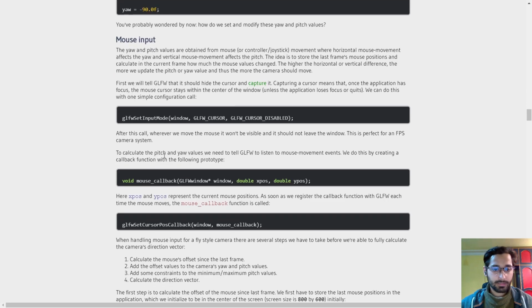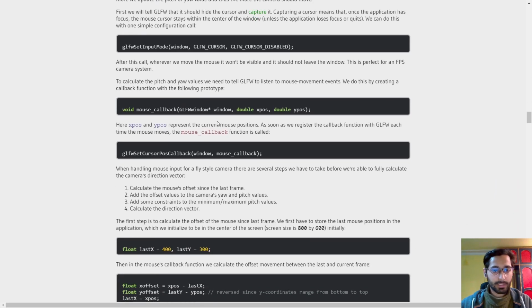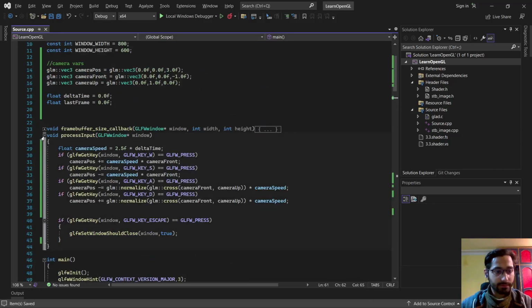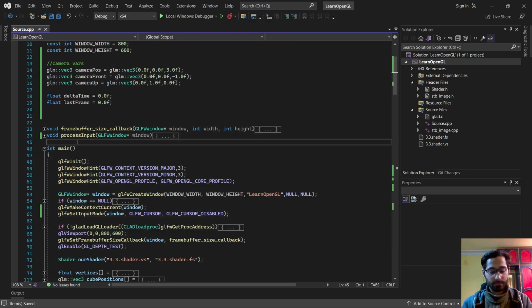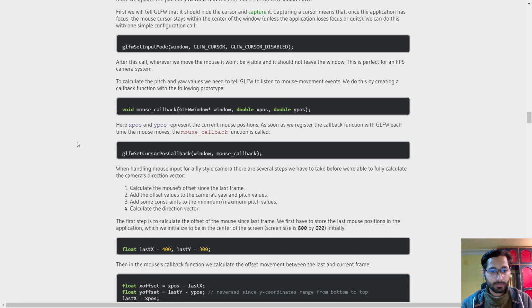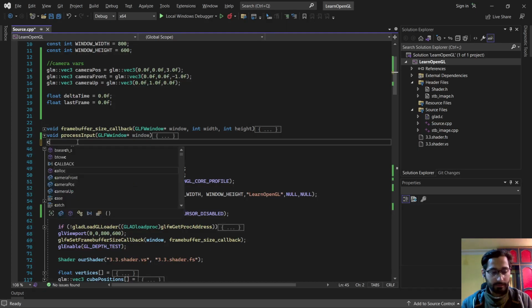To calculate the pitch and yaw values, we need to tell GLFW to listen to mouse movement events. We do this by creating a callback function with the following prototype. Just like we created a callback function for the framebuffer size, not the process input, we're gonna need to create a callback function for the mouse callback.